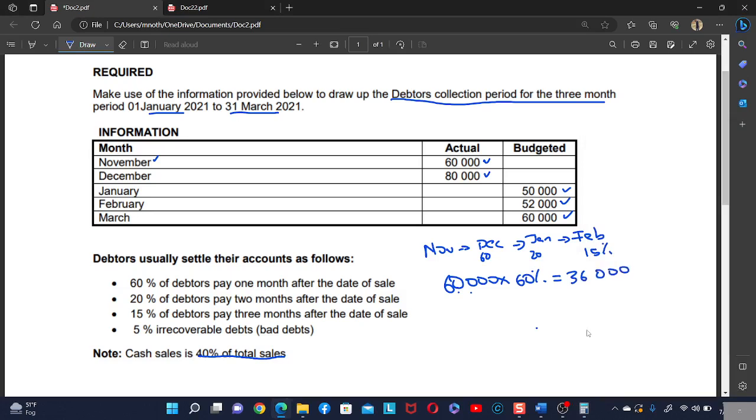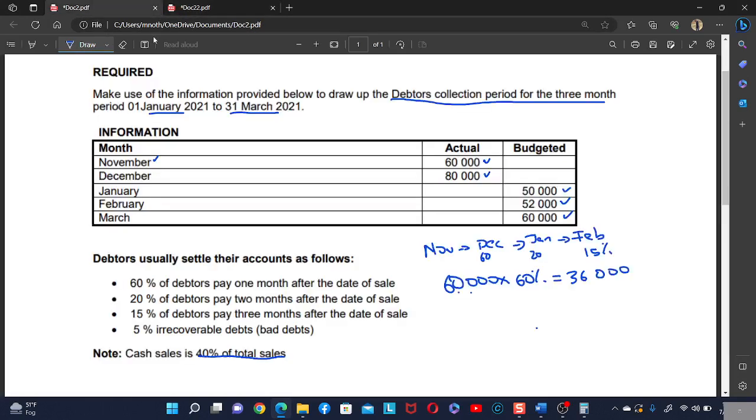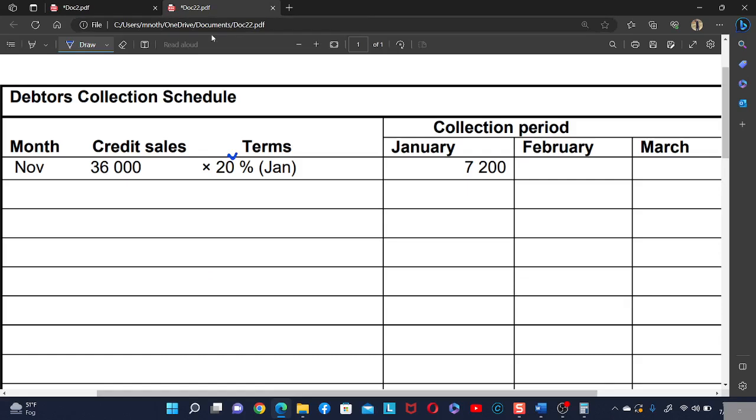Now, in the answer sheet, it's already done for January, 20%. But then, according to this, 15% of the credit sales will be paid in February, so times 15%.